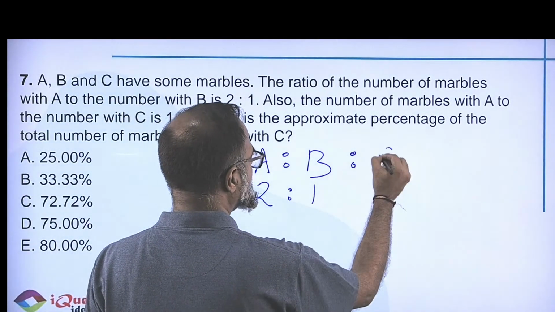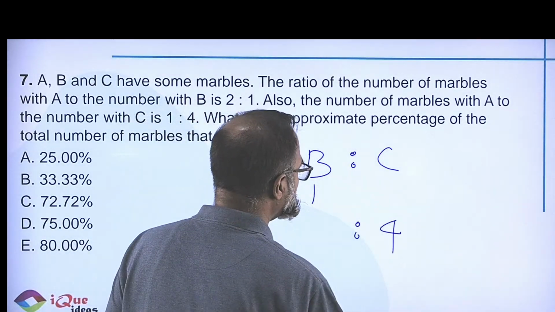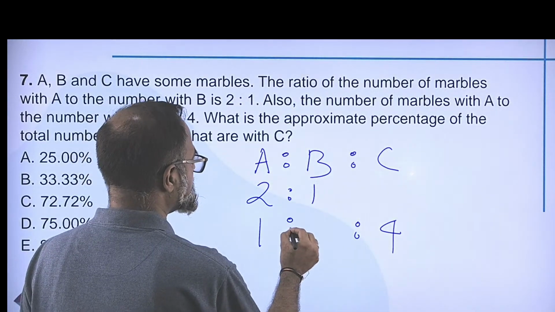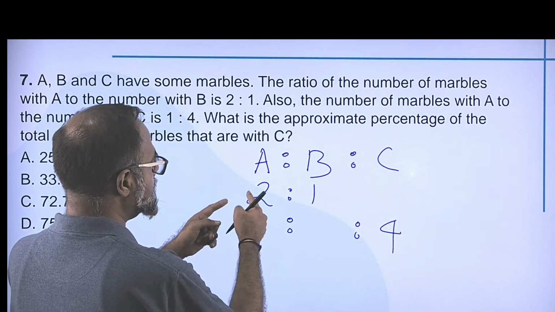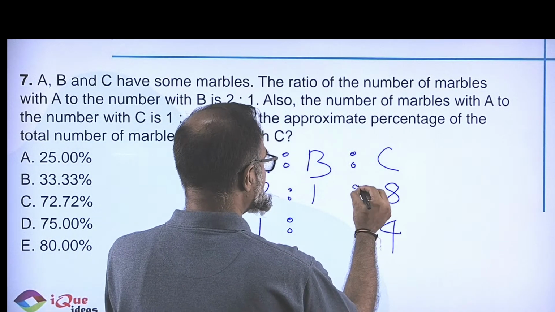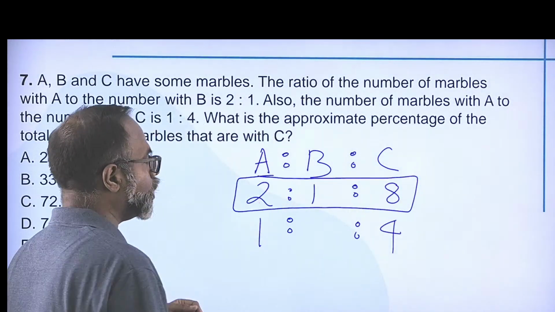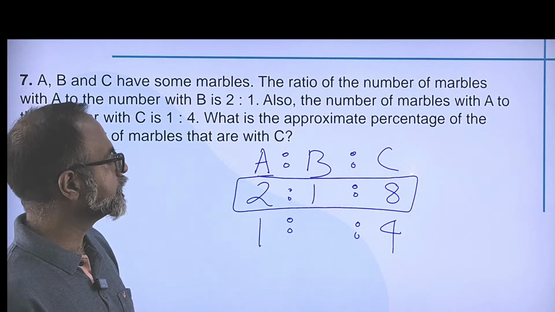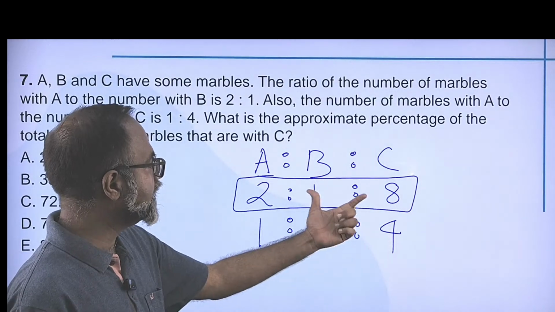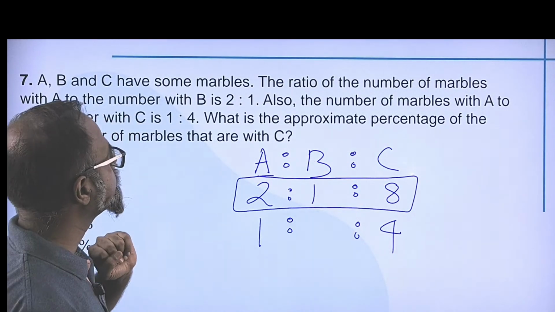Right, so 1 the double is 2, so here 4 the double is 8. So I can compare A, B and C all together as 2:1:8, because if 1:4, then when comparing with B, A and C become 2 and 8. So, 2, 1 and 8, great.